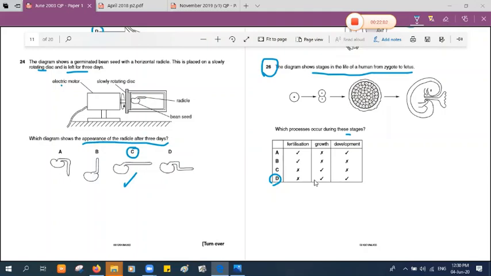Growth is just increasing in number. This part is growth. Increasing in number. But when a differentiation of the cell takes place, this is development, okay? Okay, this is for question 26.